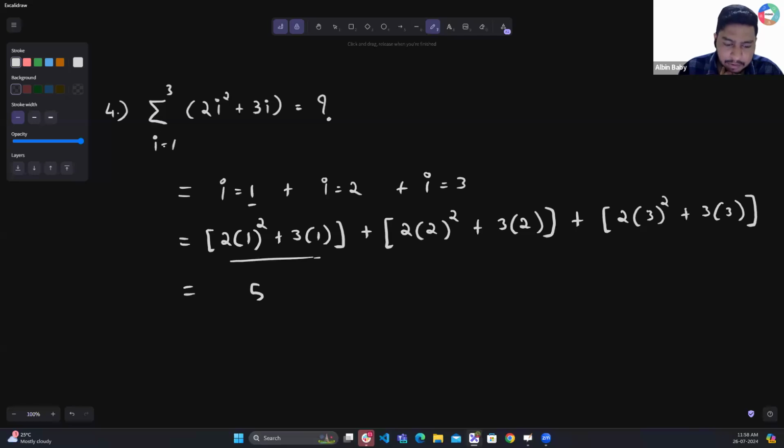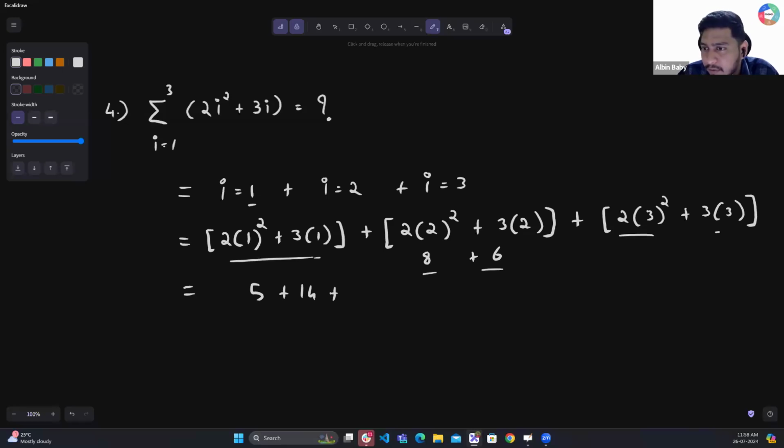Yes, 2 square is 4, 4 twos are 8, plus 3 into 2, that is 6. So 8 plus 6, that will be 14, right?